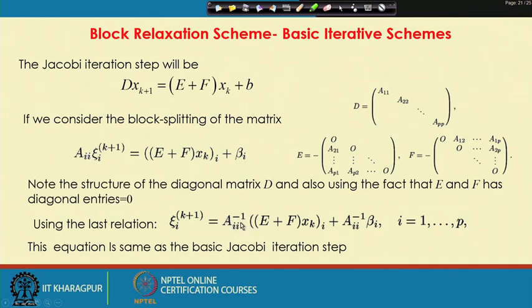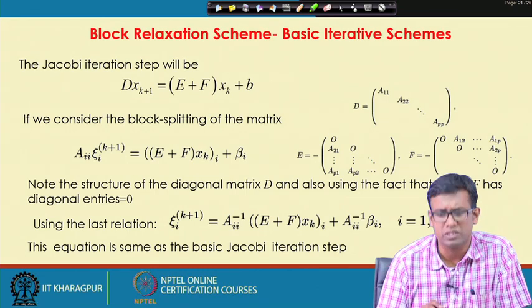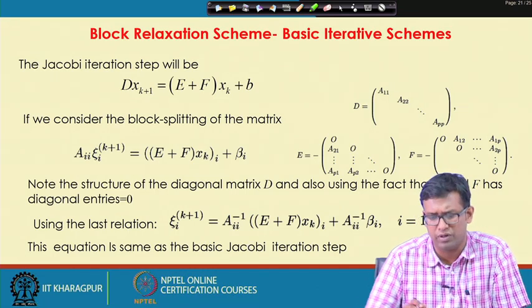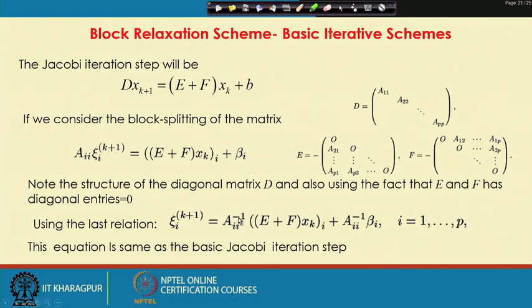Instead of directly finding the inverse, we can use something like a Jacobi iteration also. So, this step can be exactly the same as the Jacobi iteration step if we use Jacobi iteration for finding aii inverse. But because the aii matrix is smaller, we can use some direct solution method or some other method to do it. However, if Jacobi iteration converges, this step should also converge.